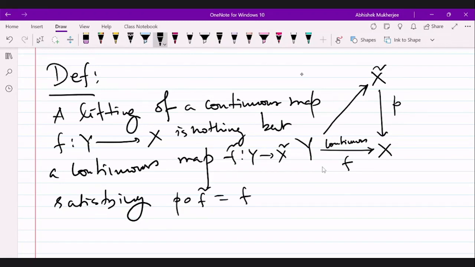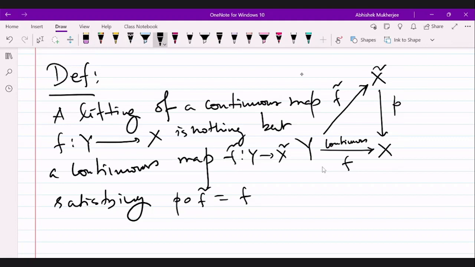Right? So this is your f tilde. So this is how one can define a lifting of a continuous map from any space y to x with the help of a continuous map from x tilde to x, which is p.